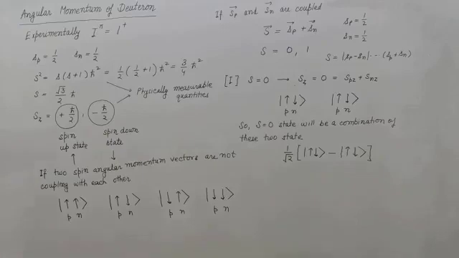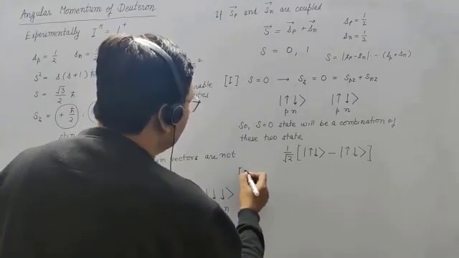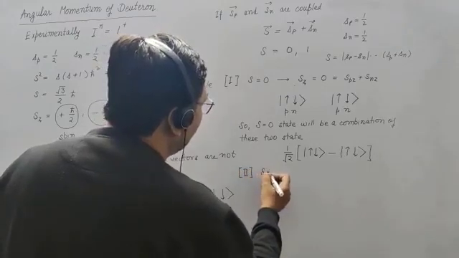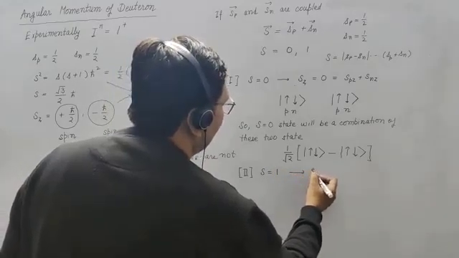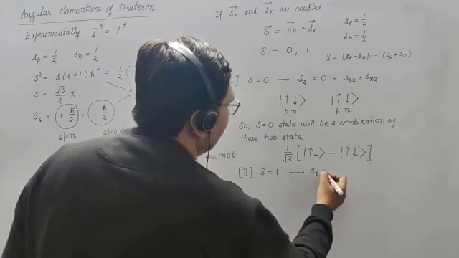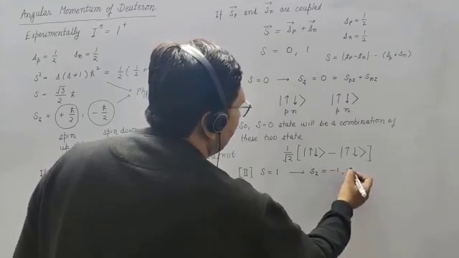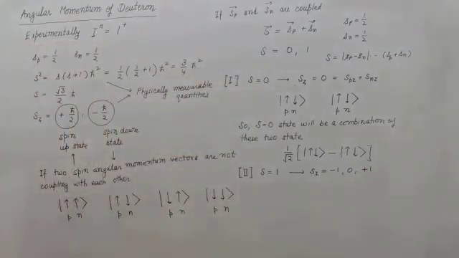Now come to another case, the second case, that is S equal to 1. Corresponding to S equal to 1, this Sz can have three values: -1, 0 and +1. These three states are possible.